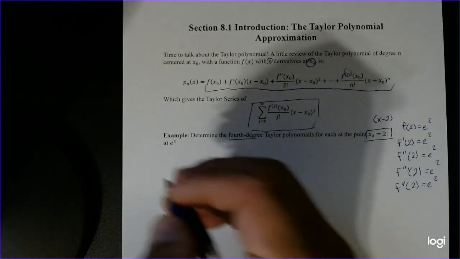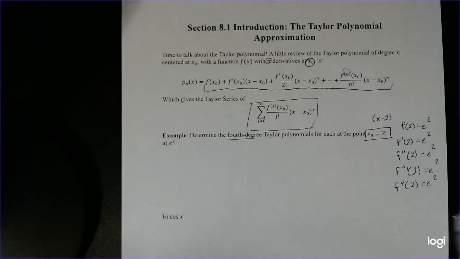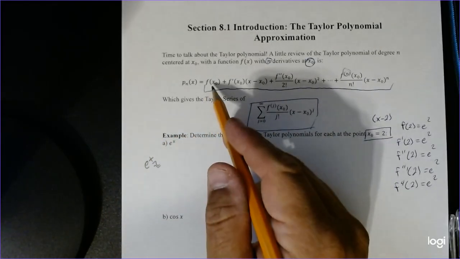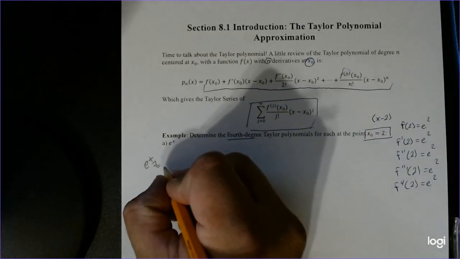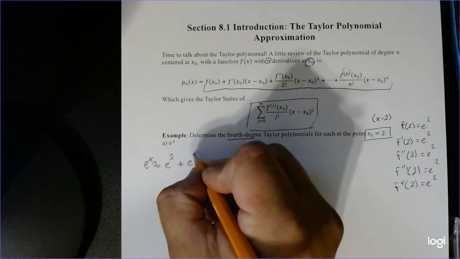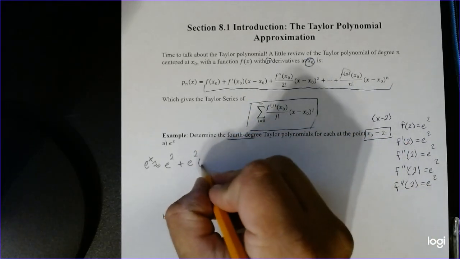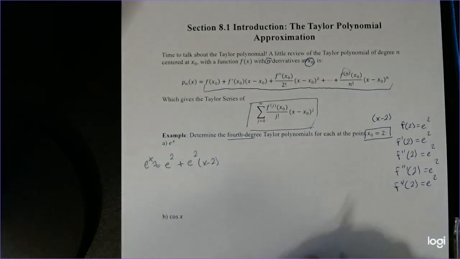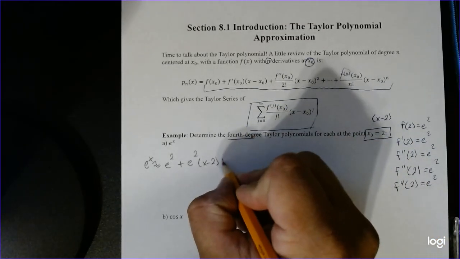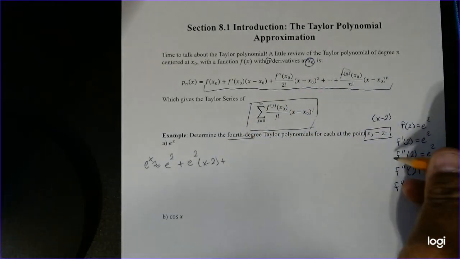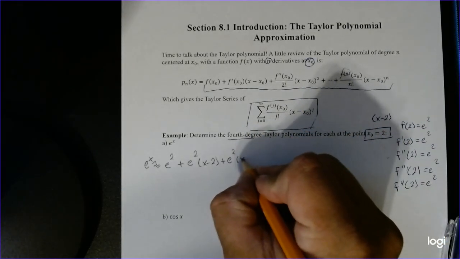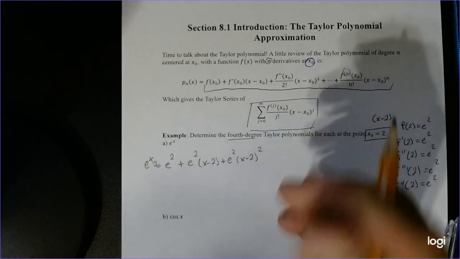Okay. So in our case, our approximation of e to the x will be f of 2, so e to the 2, plus the derivative, which is e to the 2 at that point, times x minus 2 to the first power, plus f double prime, so e squared times x minus 2 squared this time.